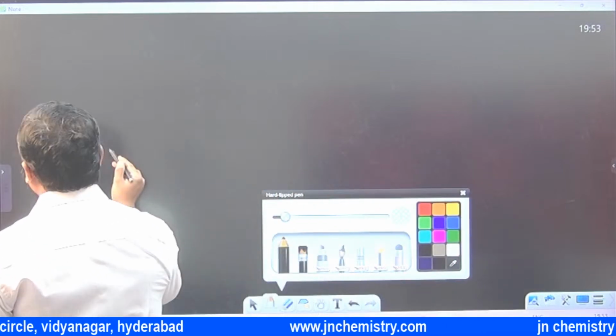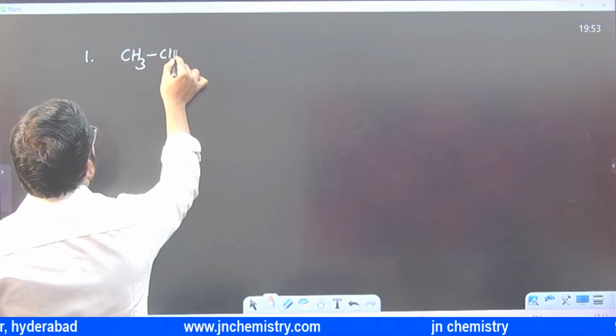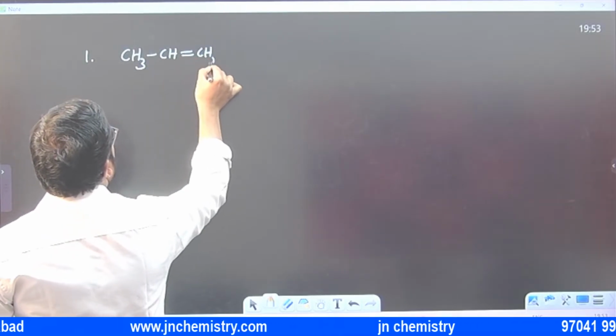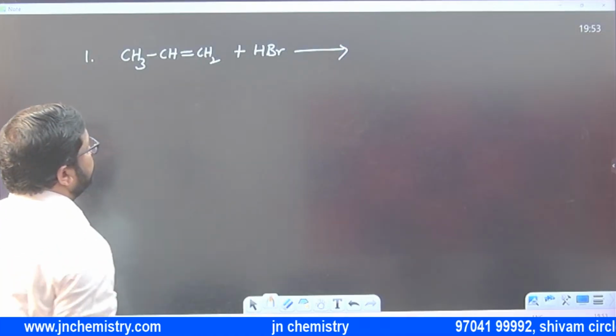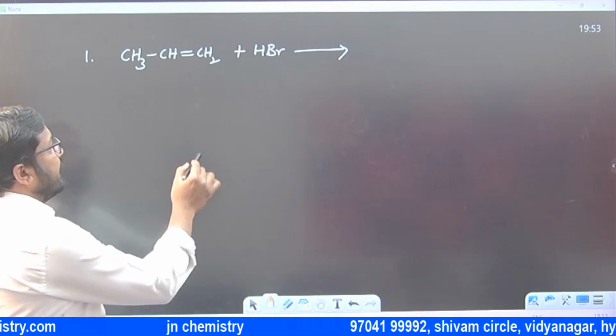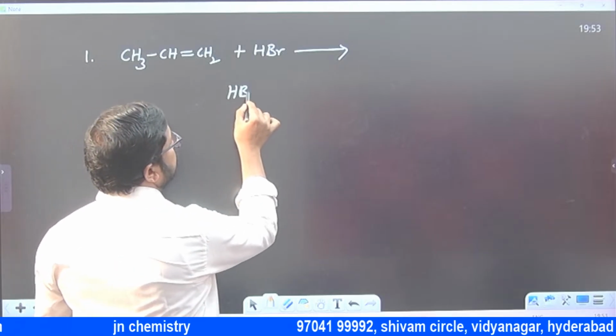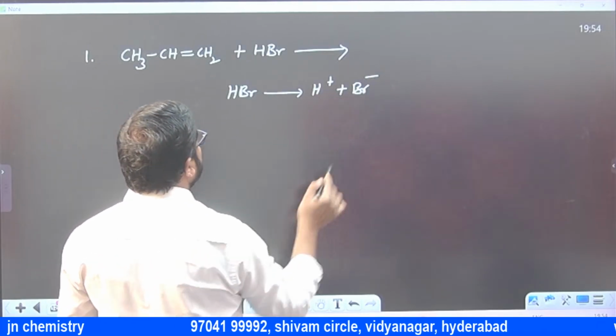Now write the products. Okay, I'll explain this because this is an unsymmetrical one. Once again the mechanism: HBr undergoes H plus and Br minus.